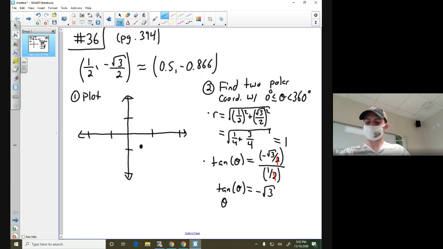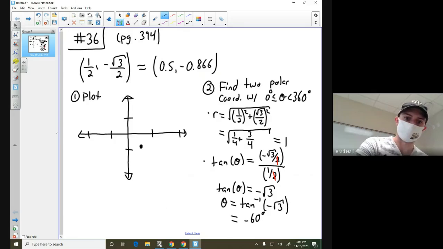Now, applying tan inverse on both sides does not give us the answer, but it does give us the reference angle. And we actually get a very nice reference angle. We get negative 60 degrees.